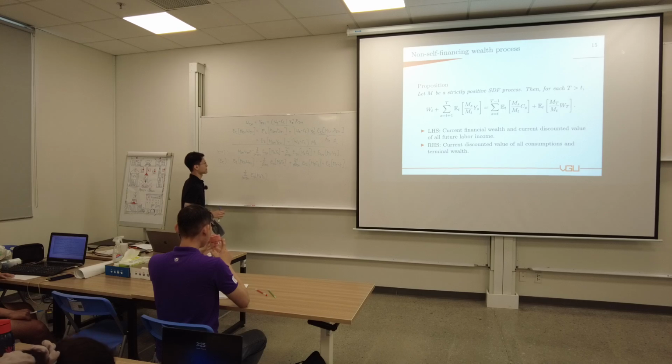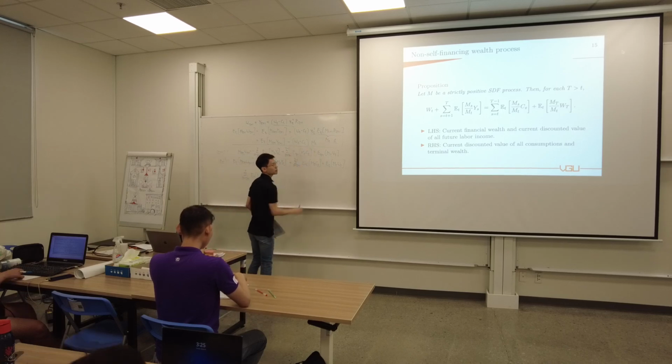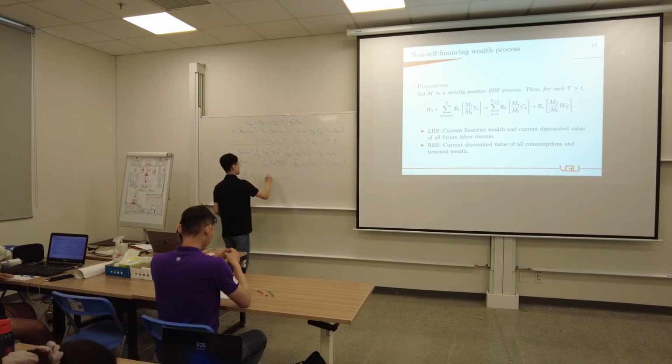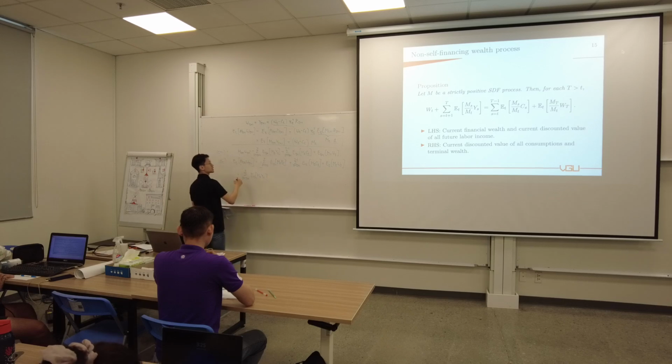On the left-hand side, we have a W tau, m tau. We just leave it here because we don't have random variable on the right-hand side.